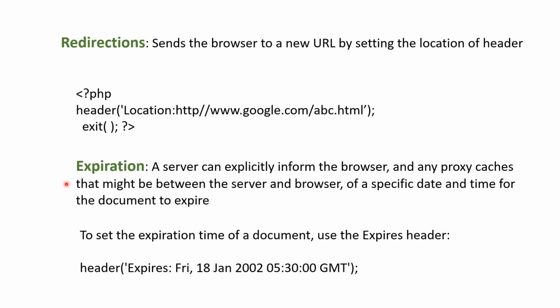Repeated reloads of a cached document do not contact the server. However, an attempt to fetch an expired document does contact the server. To set the expiration time of the document, you use the Expires header with the header function: Expires colon, and then you set the expiration time.